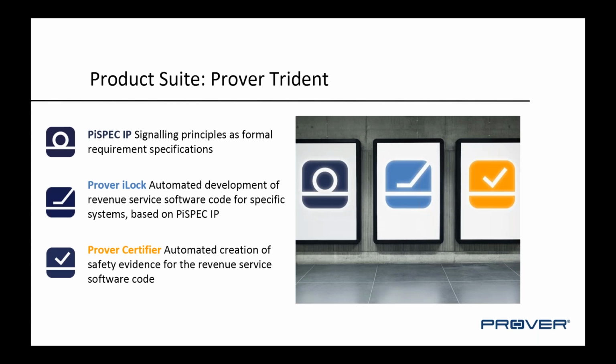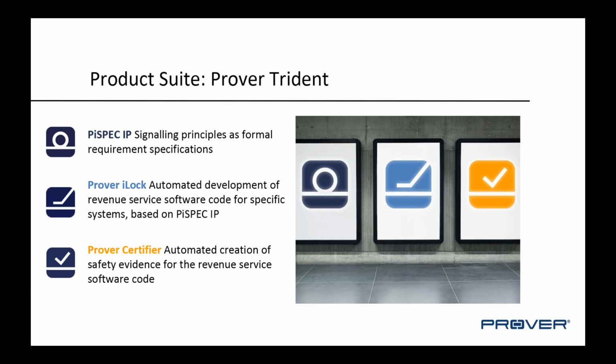The product suite Prover Trident, which Prover iLock is a part of, is depicted here, and it's called Prover Trident because it consists of 3 main parts. It starts with specifications of requirements in the PySpec language. We sometimes refer to this as a generic application where you capture all the rules that you want your systems to follow.